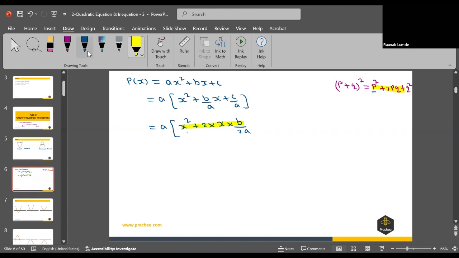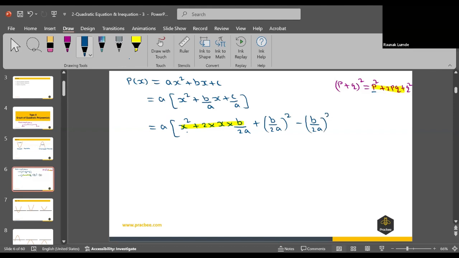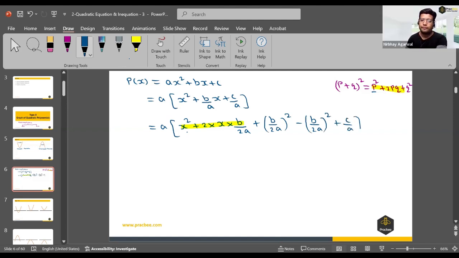And we want to get plus q square. So what I will do, I will be adding b by 2a whole square and subtracting b by 2a whole square. Understood? Now this is the formula of x plus b by 2a whole square.